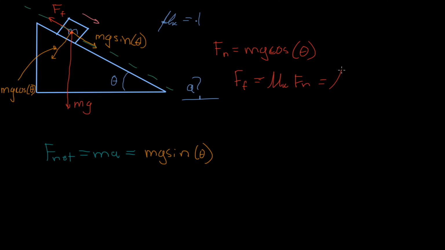And we know that this is thus mu sub k, and we know the normal force is mg cosine theta. And this is going in the opposite direction. Remember, this is the positive direction, and this is the negative direction. So we'll have to subtract off from our forces, because it's going in the opposite direction, this force of friction.